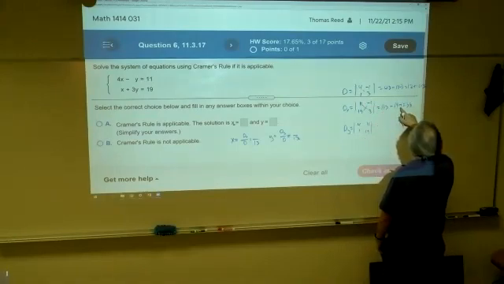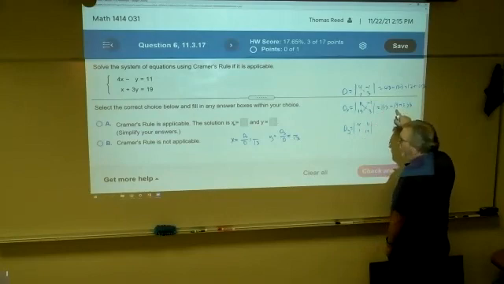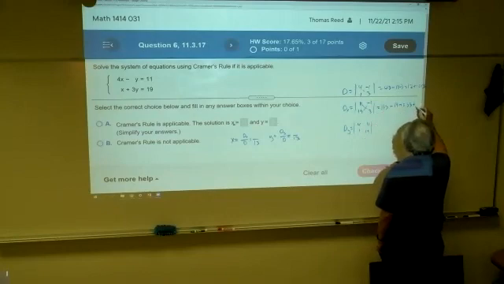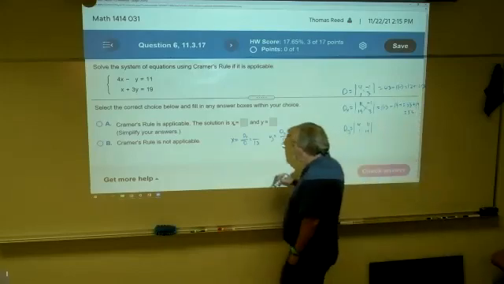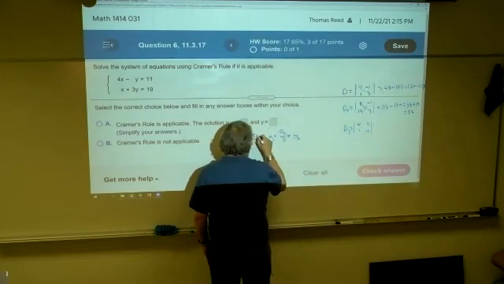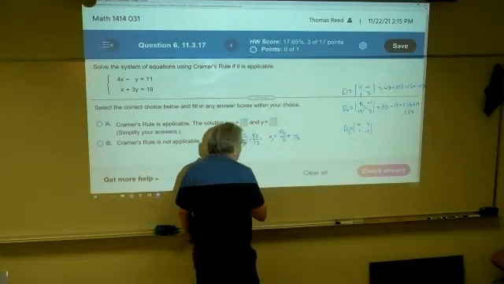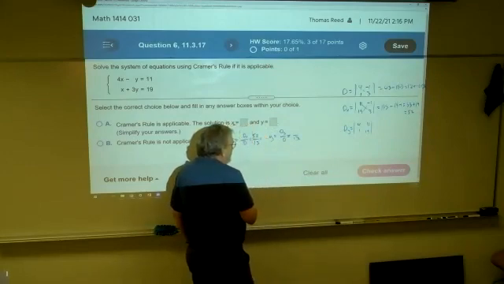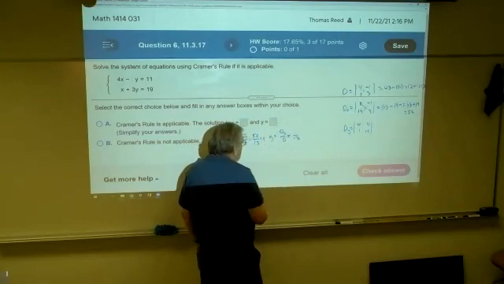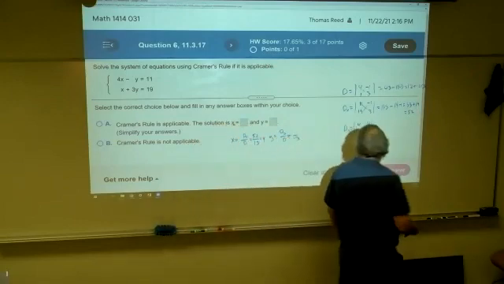Negative 1 times 19 is negative 19, but I'm subtracting, so that becomes plus 19. And so that's going to be what? 52. So 52 over 13 simplifies. That's actually 4. I've done this one before.